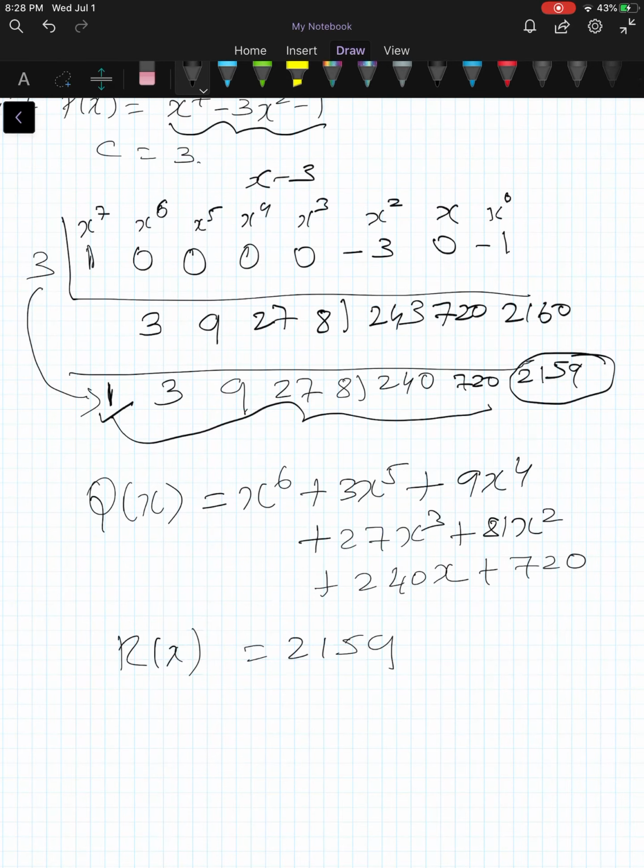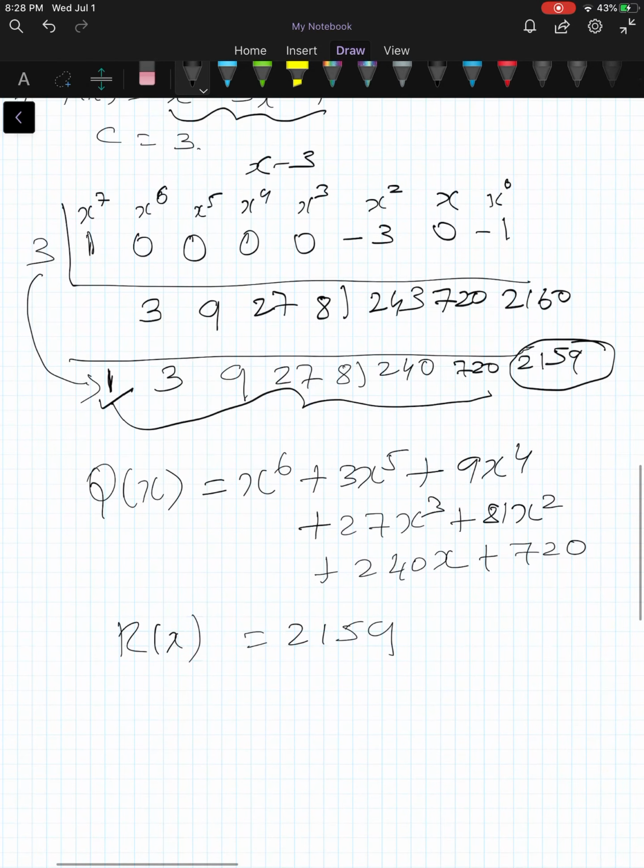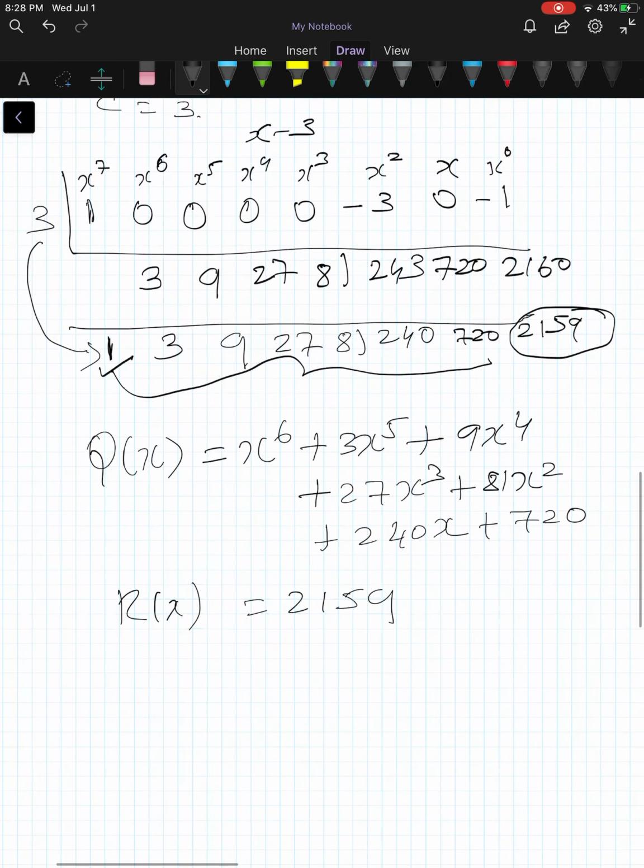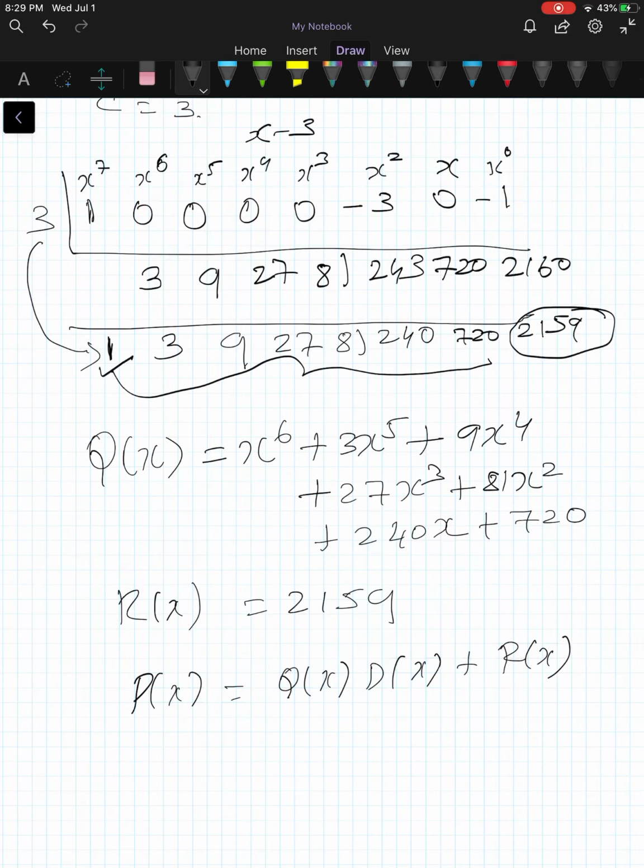So 2159. Now you can use the division algorithm and express it as p of x is equal to q of x times d of x plus r of x. p of x is given, it's a very long term, I can't write it. p of x and q of x are quite long, and d of x is x minus 3.